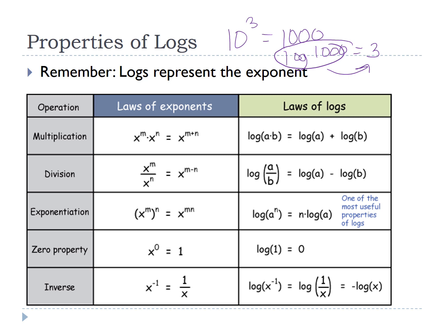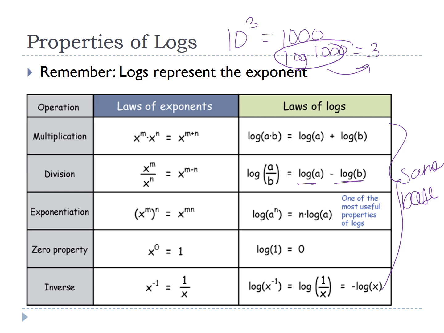Same thing with division. Exponents we would subtract. So when there's division, it's interchangeable with subtraction on the logs. Notice that it gets separated into one log here, and you must have the same base. Power to a power you multiply.